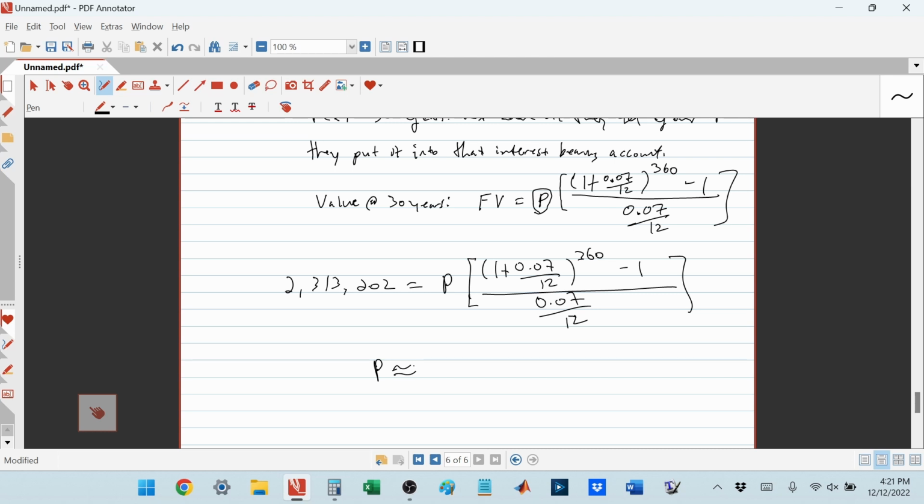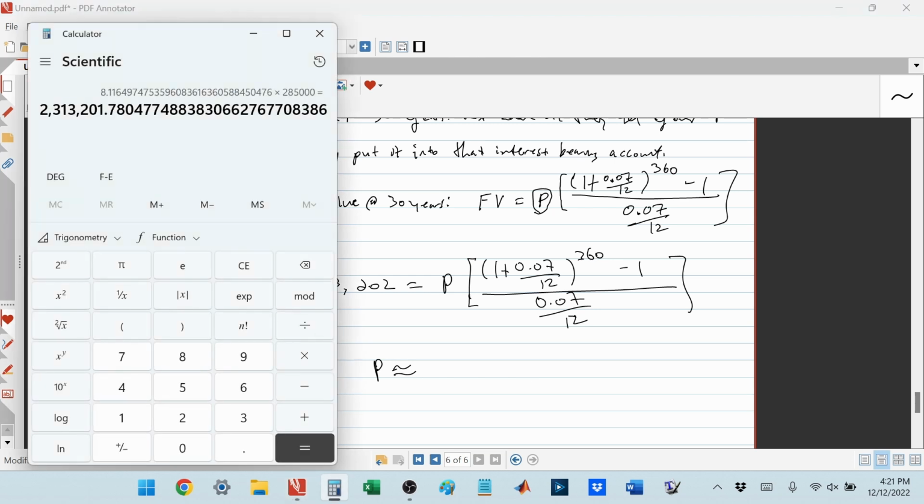and then we can do the math here. Let's get the right hand side, what's in the brackets. We'll do 0.07 divided by 12 plus 1, raised to the power of 360, minus 1, divided by the quantity 0.07 divided by 12, which gives this.